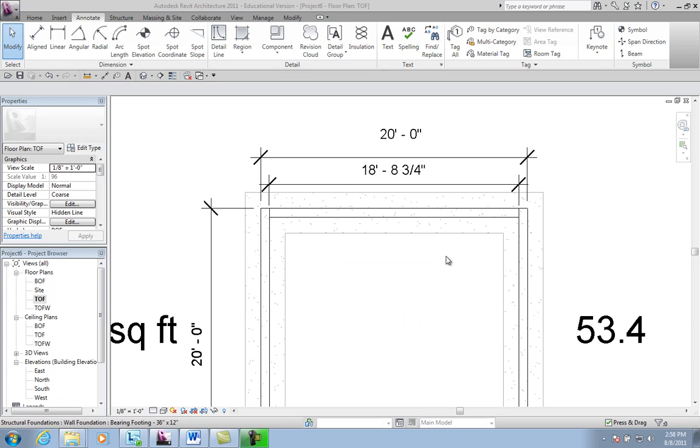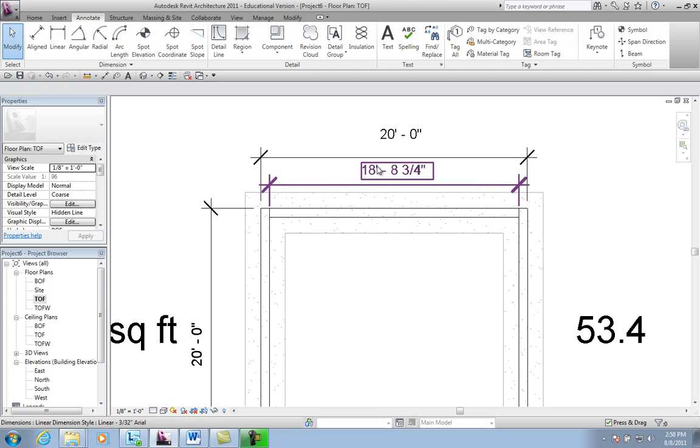I just went ahead and figured that up, or I used a dimension on my CAD program. I got 18 foot 8 3/4. Real simple, real quick. I want to take this number and multiply it by the height of my block, which was, of course, 2 foot 8 inches.